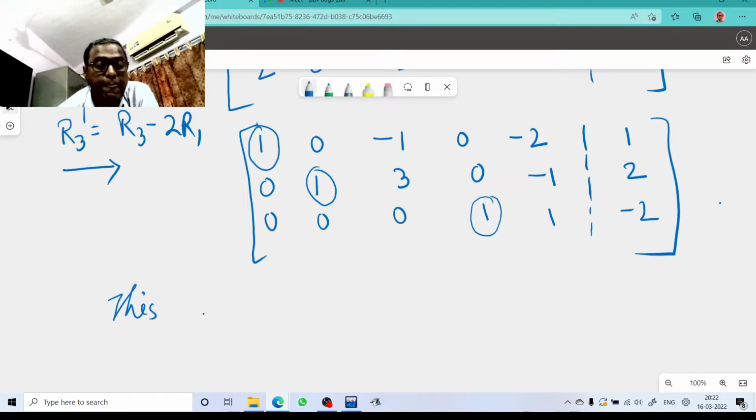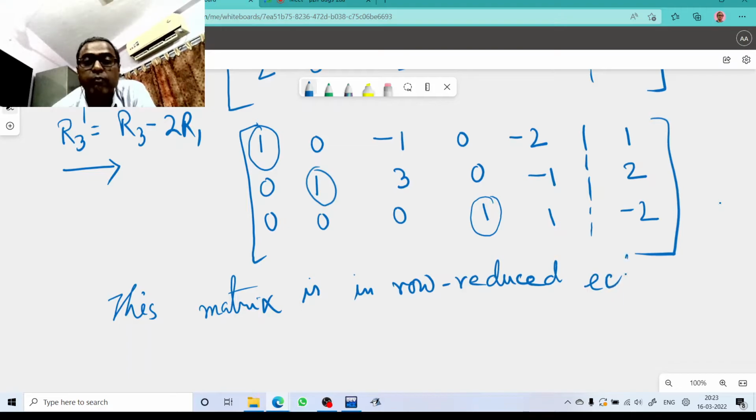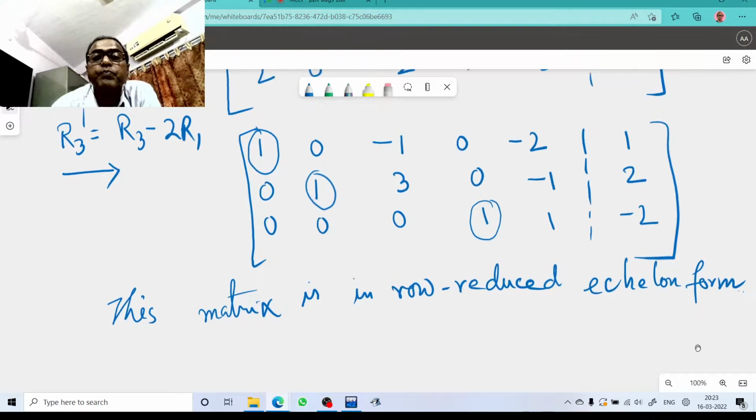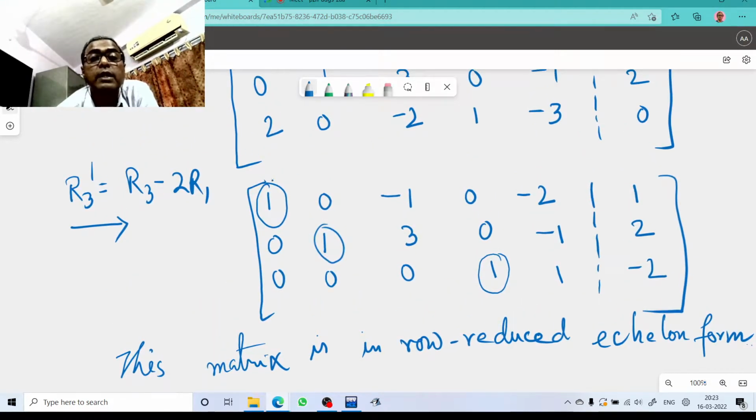This matrix is in row reduced echelon form, and for the variables, this column is for x1, this column for x2, this column for x3, this column for x4, this column for x5, and this column for the right hand side.